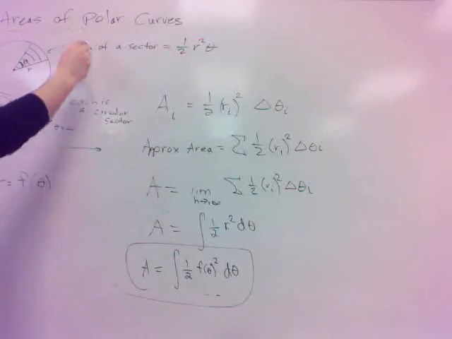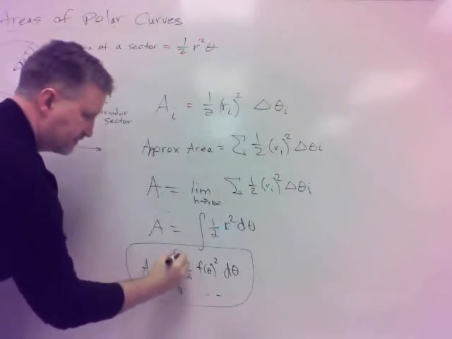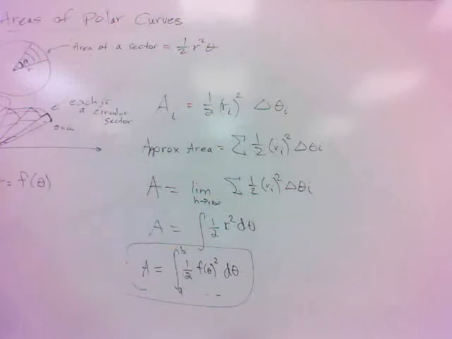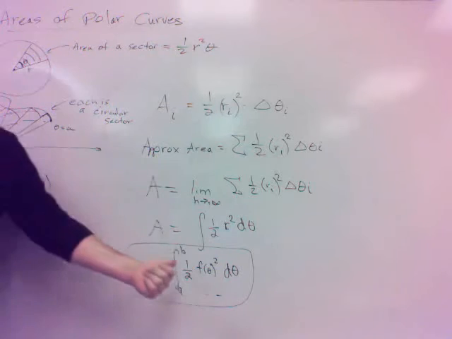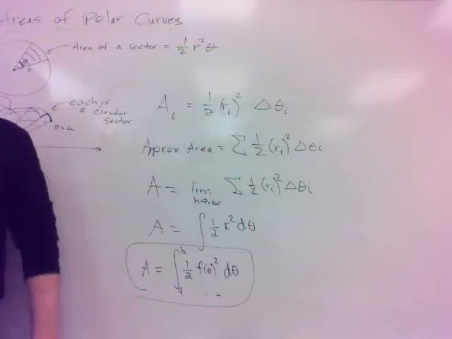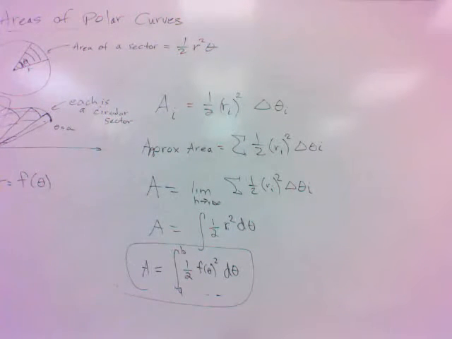So what's the area of a polar curve? Well, then you've got your theta equals a to b. That's how you do it. It's 1/2 times whatever your function is in terms of theta, squared, and then do the integral. Okay?